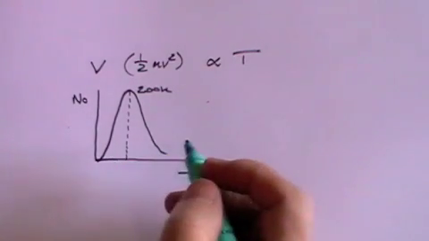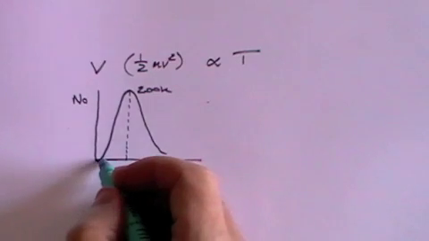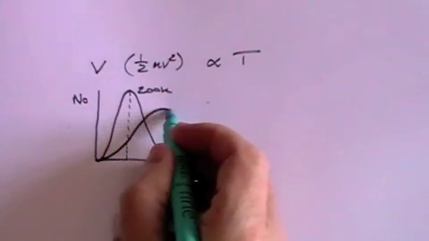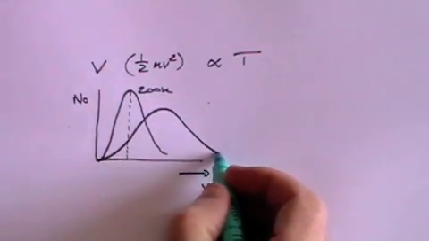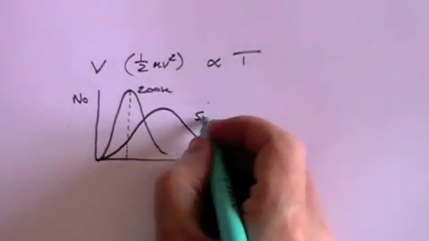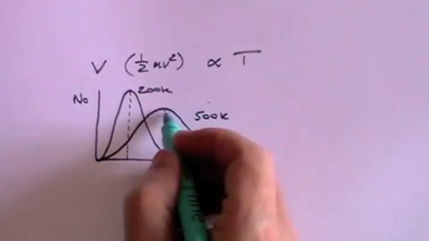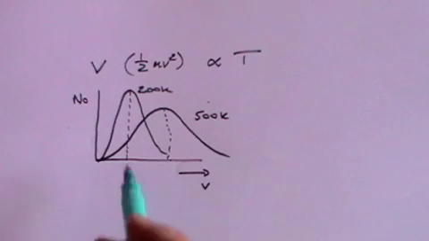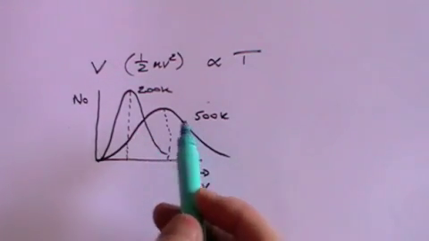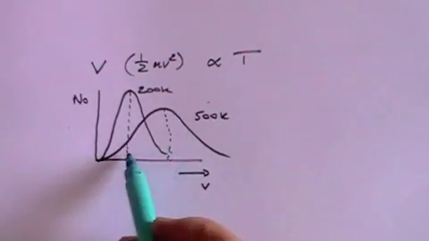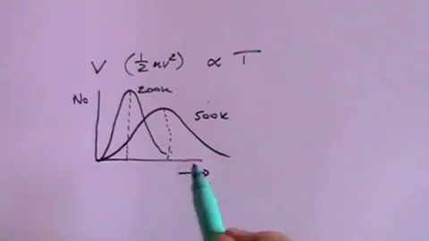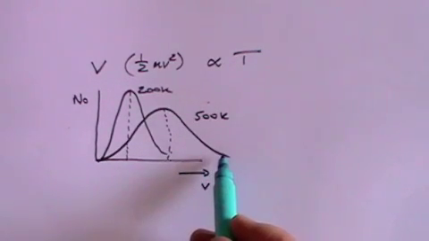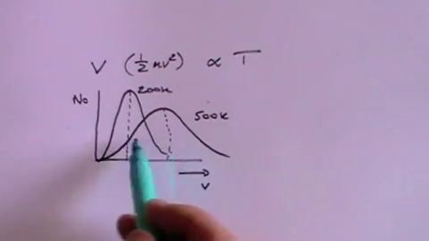If the temperature goes up to, say, 500 degrees Kelvin, then you would find that the distribution spreads out like this and the average has gone up. You will notice that as the average temperature increases, so the average speed increases, the maximum particle speed increases, and the distribution curve spreads out.